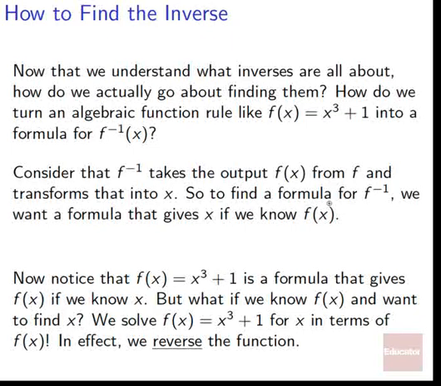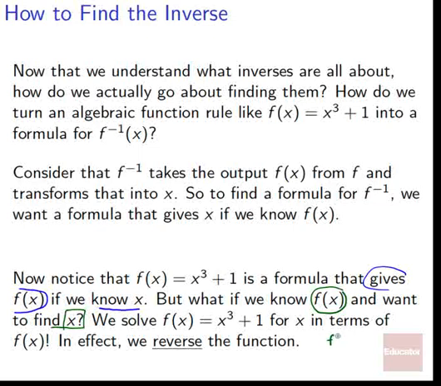Normally, we know x, and from that we get our f of x. You plug an x into a function, and it spits out f of x. So f inverse is sort of the reverse of that. We know f of x, and we want to get x out of it. So to do this, we're solving f of x equals x cubed plus 1 in reverse.